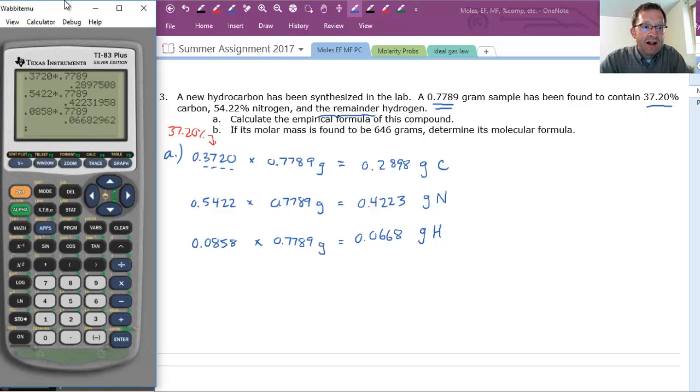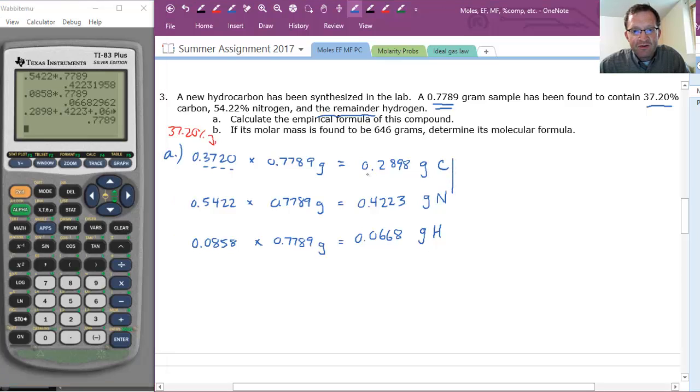And just make sure that I in fact have accounted for all the mass in my sample. So 0.2898, plus 0.4223 plus 0.0668. And there it tells me, yes, I've got 0.7789 grams. I've accounted for it all. It doesn't hurt to do that, because before you go on and do a bunch more math, check that you've got the math you've done so far correct, if there's a quick way to do that.